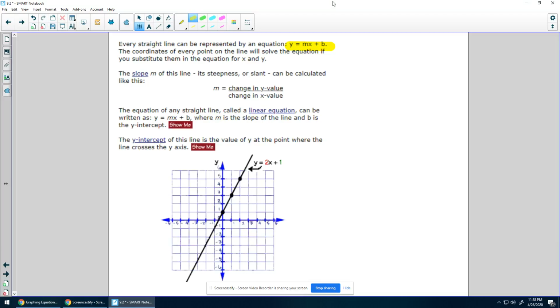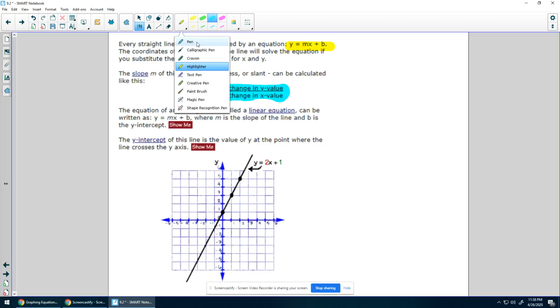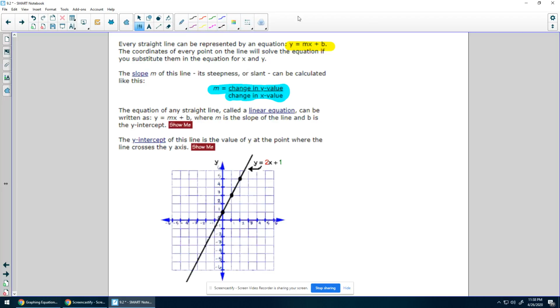The coordinates of every point on the line will solve the equation if you substitute in the x and y values. The slope, m, of this line, its steepness or slant, can be calculated using this right here. So this m equals the change in the y value divided by the change in the x value. So that is important information to remember.